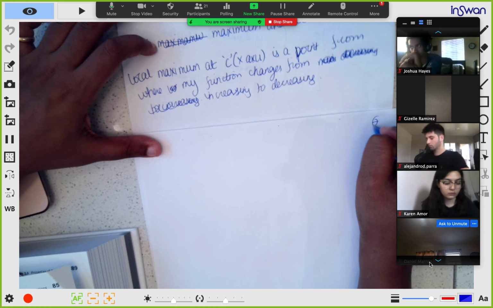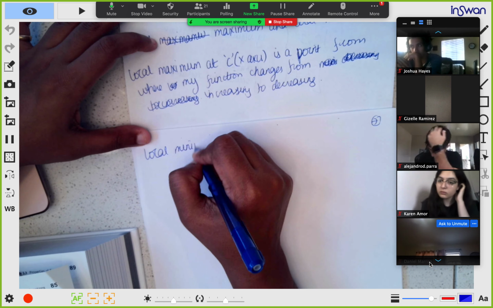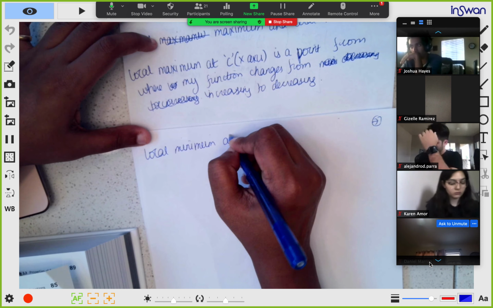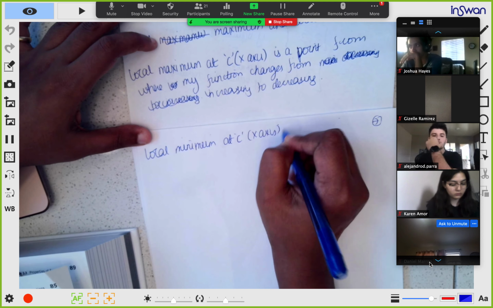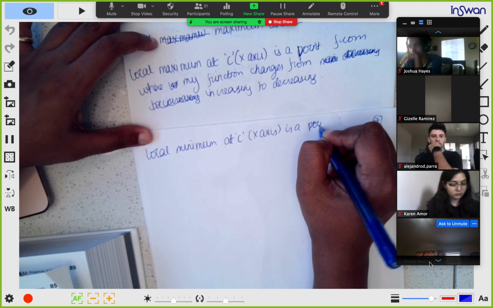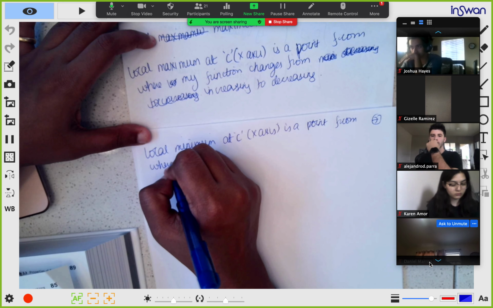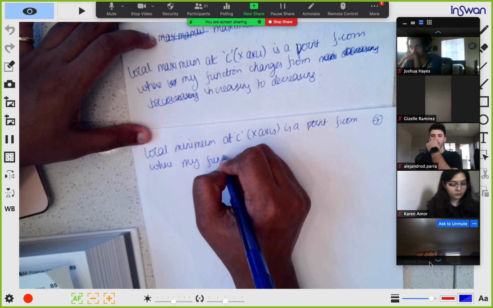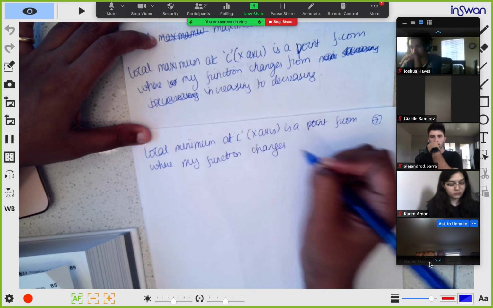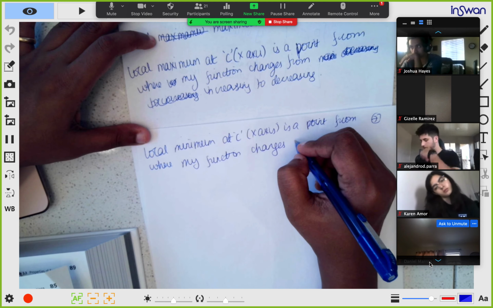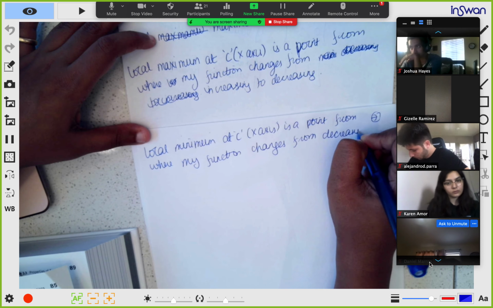And then local minimum at C, this also will come from the x-axis, is a point from where my function changes from decreasing to increasing.